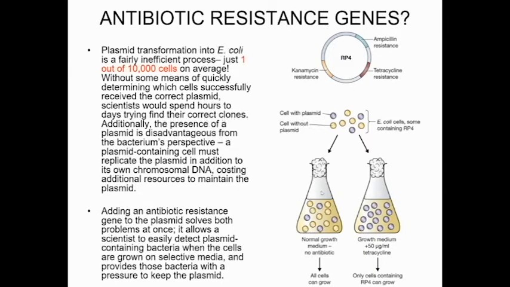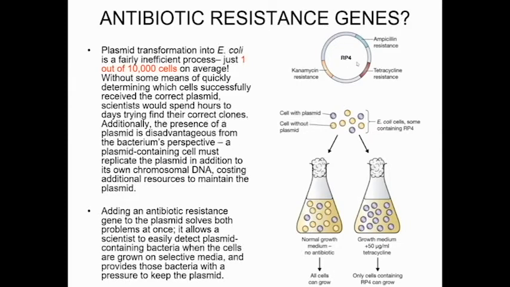And if you grow the cells in media without any antibiotic, then both cells will grow so that you will not be able to identify which cell carries the recombinant DNA. And in order to purify the cells that carry the recombinant DNA, you grow the cells in the presence of antibiotics.